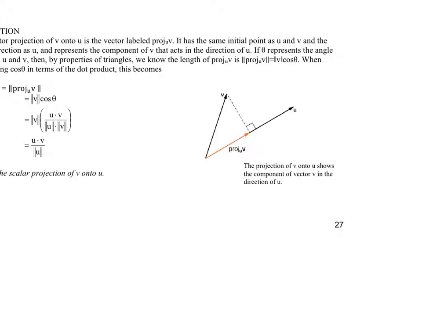It has the same initial point as U and V, in the same direction as U, and represents the component of V that acts in the direction of U. All right? So, cool, a lot of words.